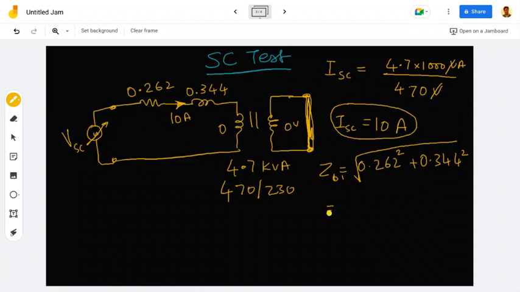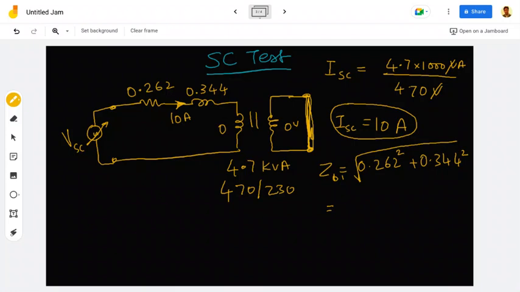We can actually do the problem in complex notation, but it is not required here. Let me do it on my calculator and show you. 0.262 square plus 0.344 square, and square root.